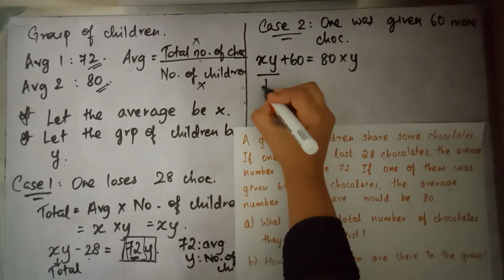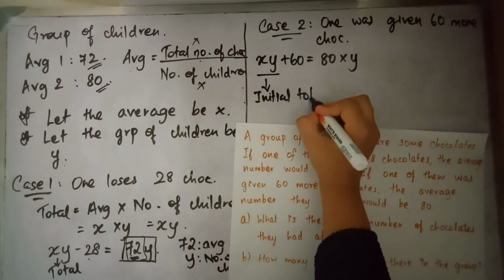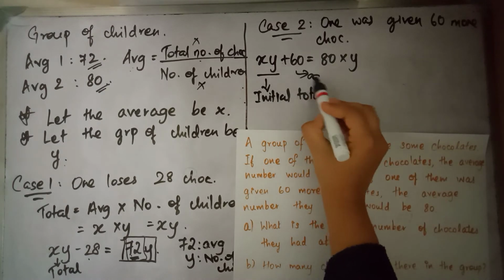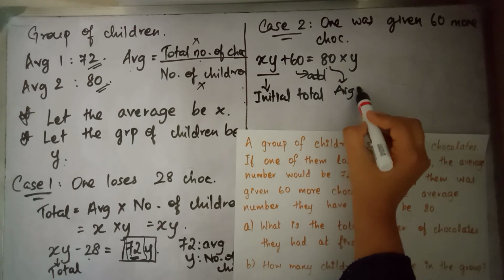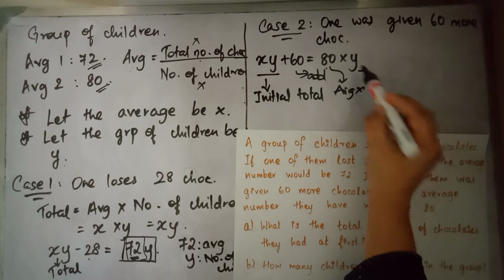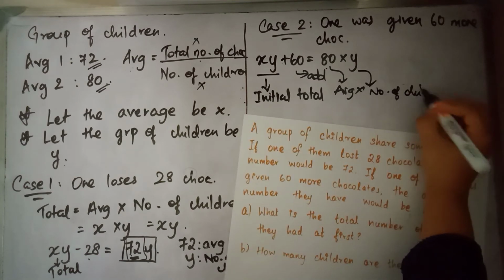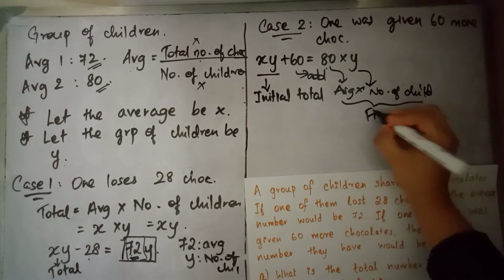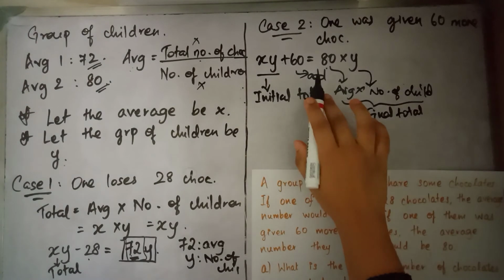This is the initial total, this is the addition, and this is the average into number of children. So this is the final total. So these two equations make sense, right?